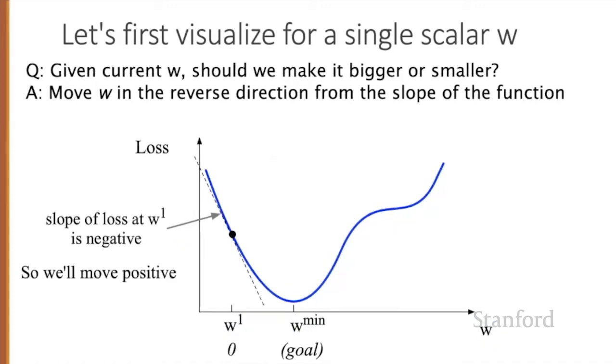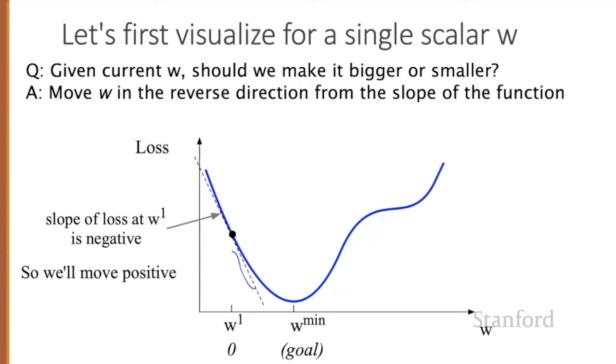So the gradient of a function of many variables is a vector pointing in the direction of the greatest increase in a function. And the gradient is a multivariable generalization of the slope. So for a function of one variable like the one in this figure, we can informally think of the gradient as the slope. So this dotted line shows the slope of this hypothetical loss function at this point where W equals 0, W equals W sub 1.